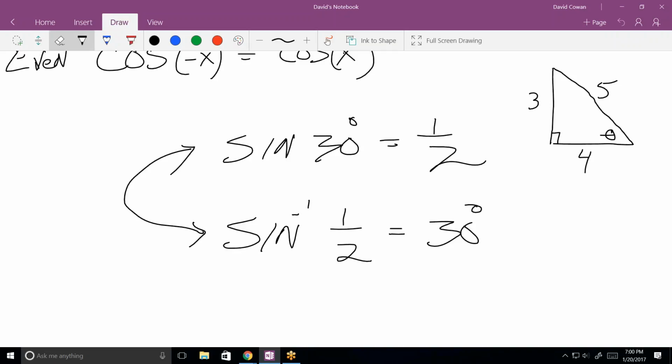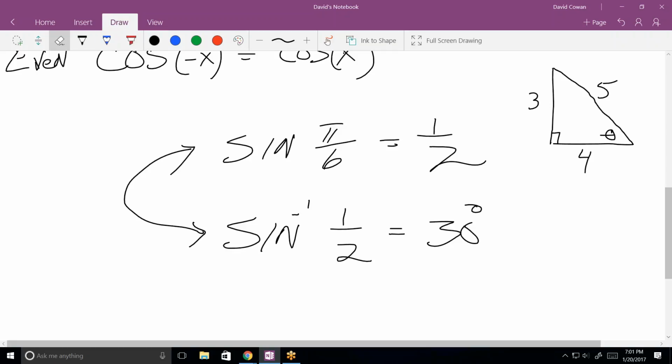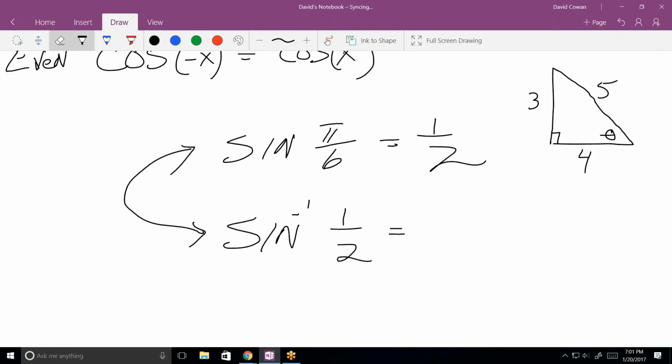Well, the moment I start writing that 30 degrees as pi over 6, which I could do, now I'm really taking a trig function of a number to get a ratio. And likewise, if I'm taking the inverse sine of 1/2, and I want the answer in radians, that's pi over 6.